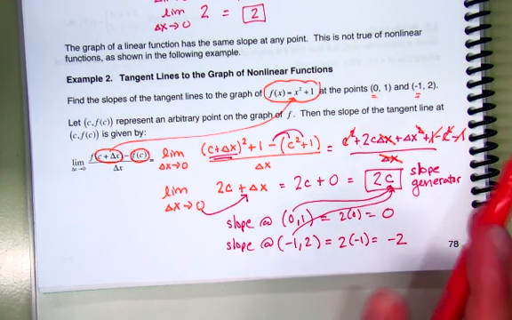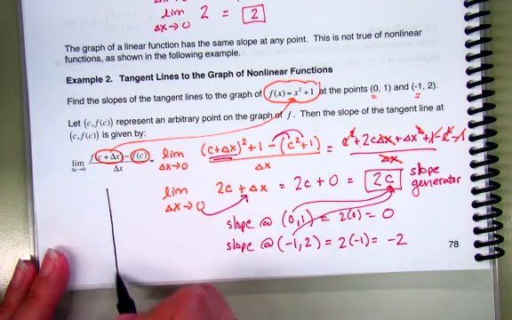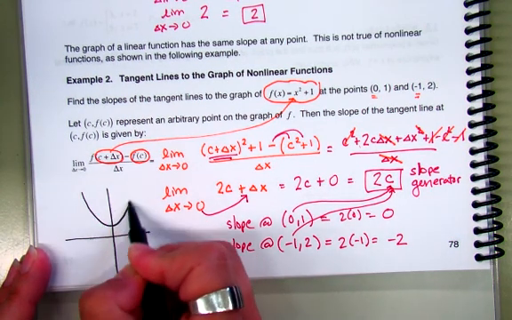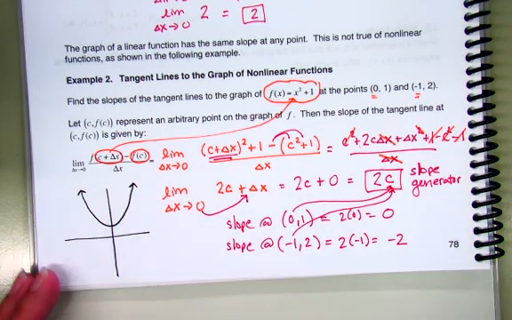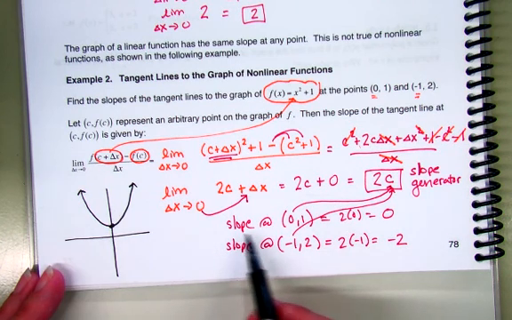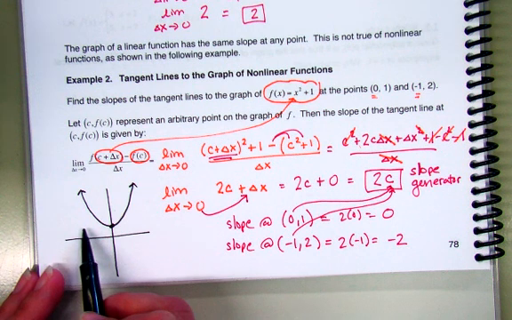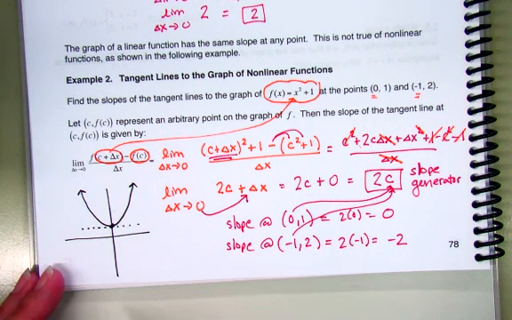Think about the graph for a second and see if this makes sense, you guys. The graph was x squared plus 1. It's a parabola. At the point (0, 1), it says that the slope is equal to 0. Does that make sense that the slope of the tangent line right here would be 0? Yeah, totally. It's got a horizontal line right there, so it's going to have a 0 slope.